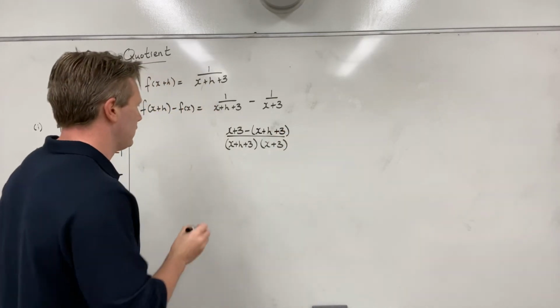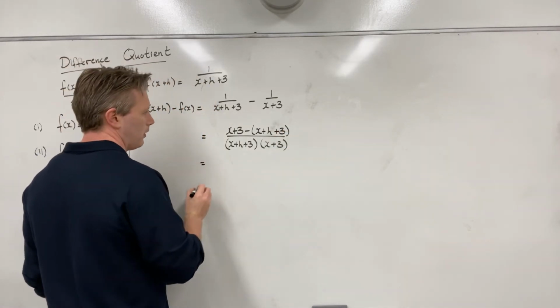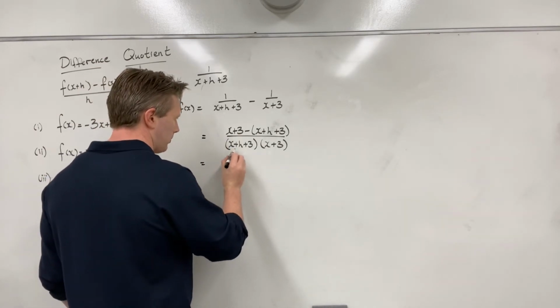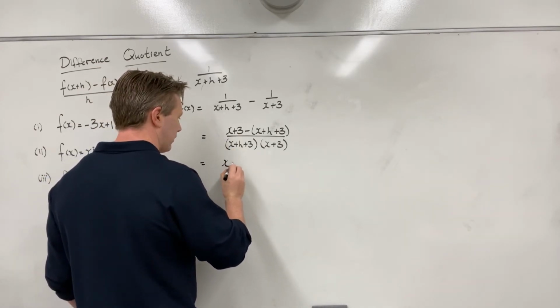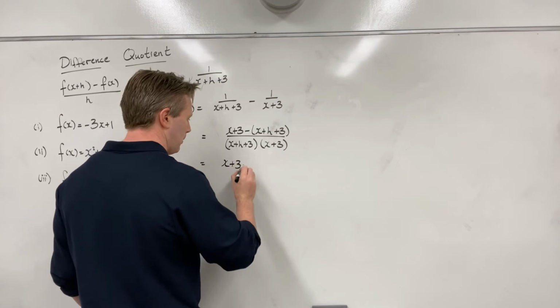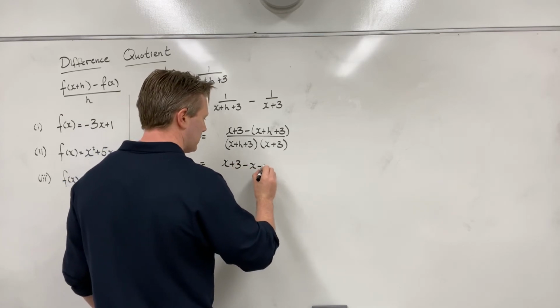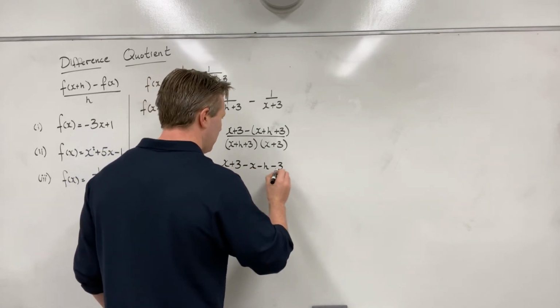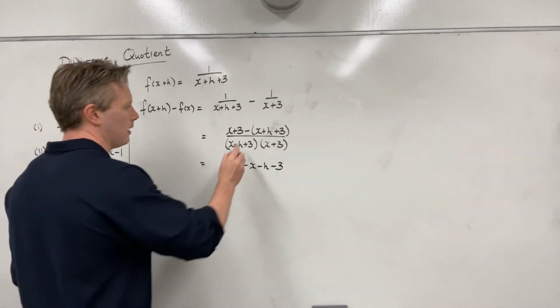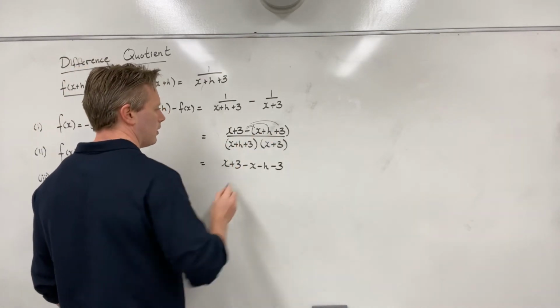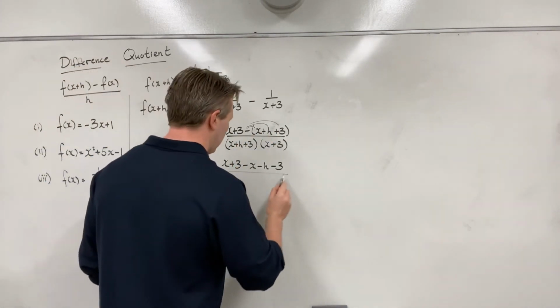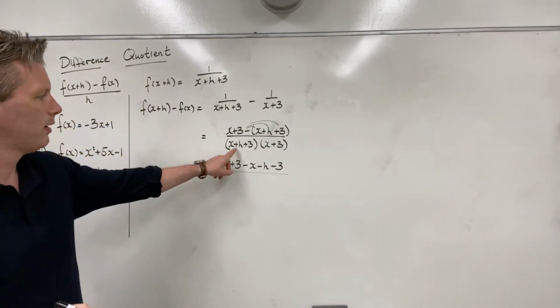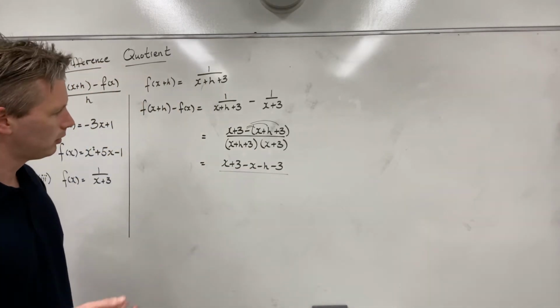And now, tidying up on top, distribute my parentheses. I will have x plus 3 minus x minus h minus 3, distributing in my minus here. And downstairs, I will distribute this out.